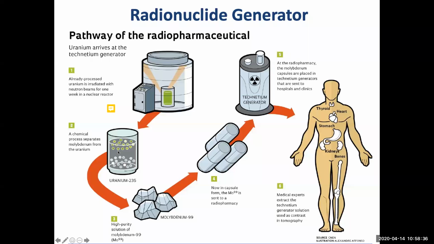We get the molybdenum-99 and uranium together and separate the molybdenum from the uranium chemically. Then we get a high purity solution of molybdenum. This molybdenum-99 is encapsulated, the capsule is inserted into the generator, and the generator is shipped to the hospital to extract the technetium-99 and use it for patient imaging.